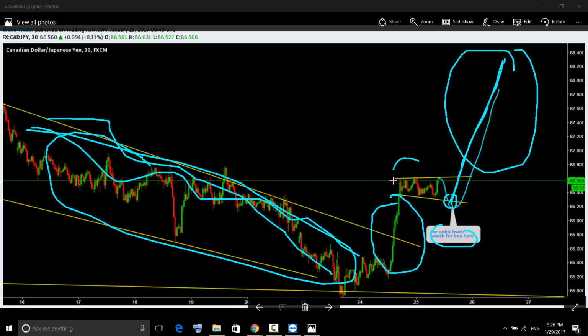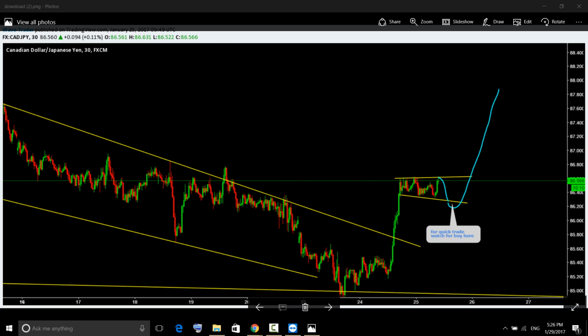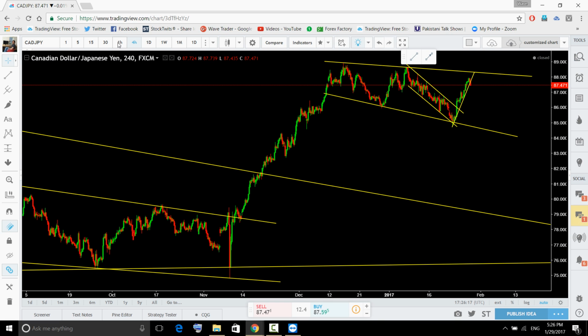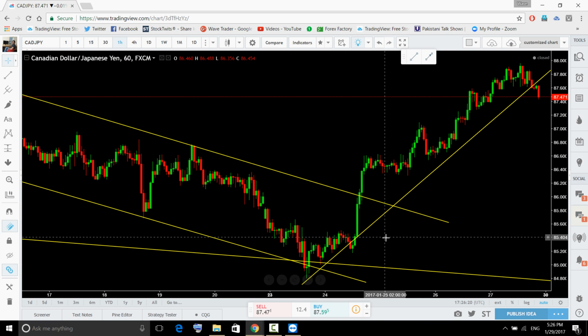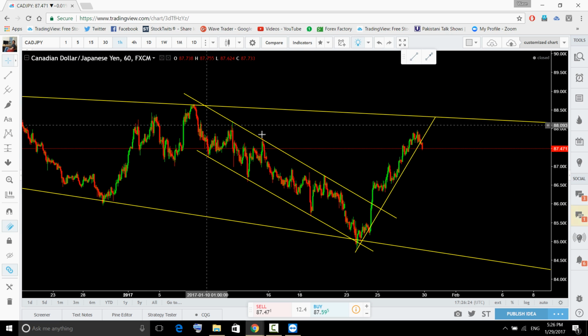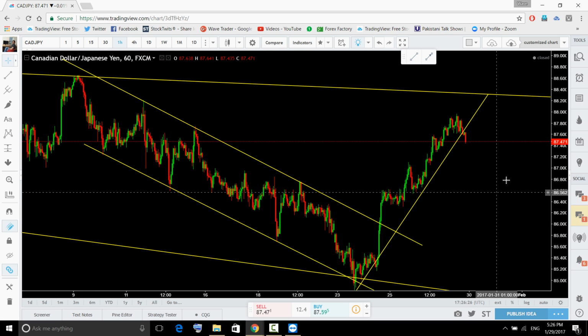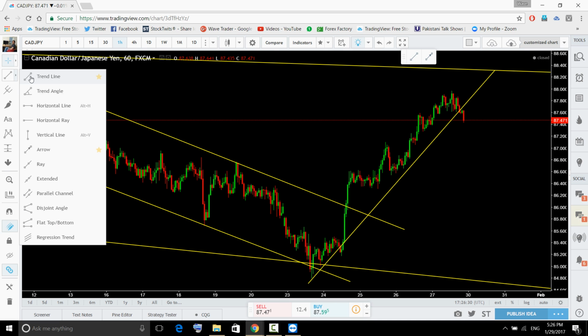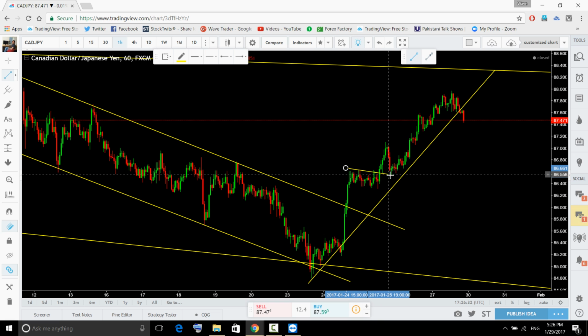And a continuation pattern was also there. You can see that price formed that uptrend. Now we are going to look for downside. Let me explain the previous one, then I will explain the next move. So this was the previous move, guys.